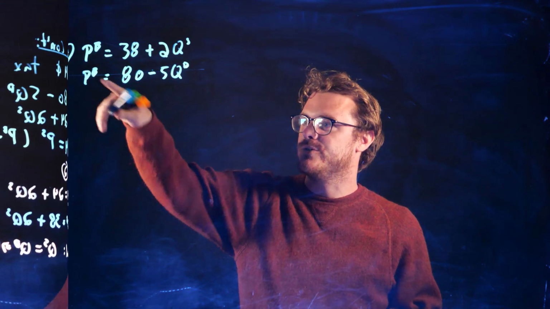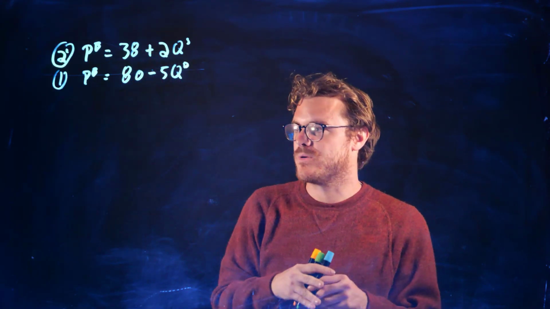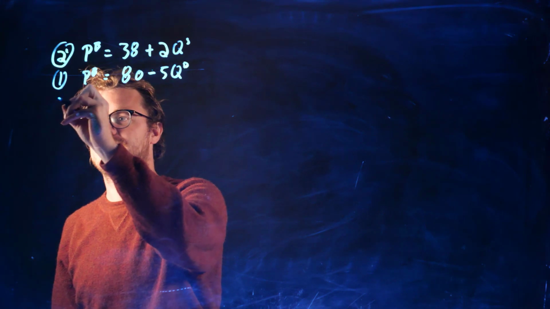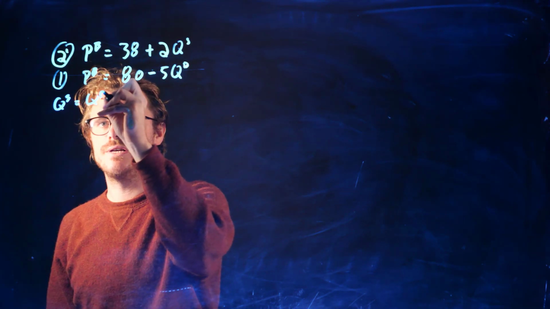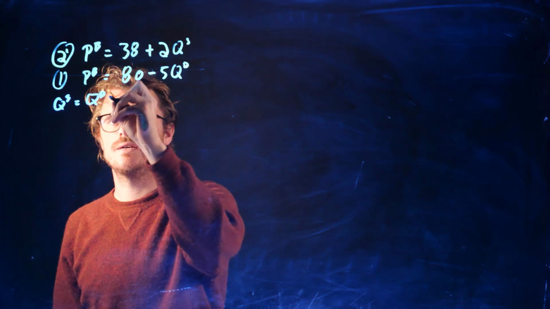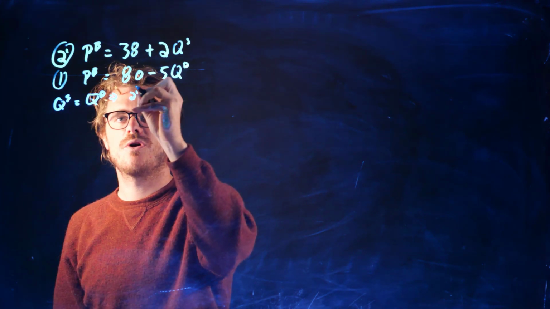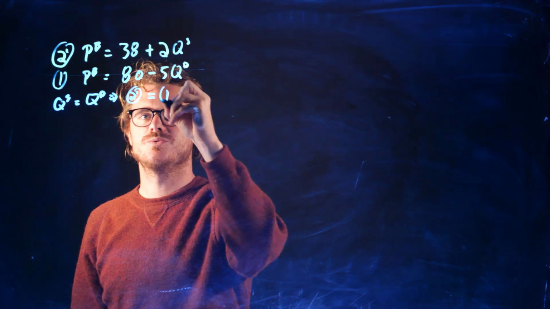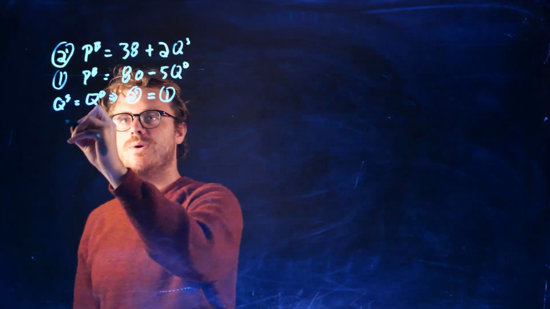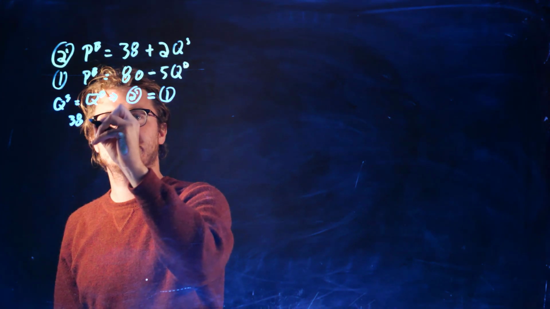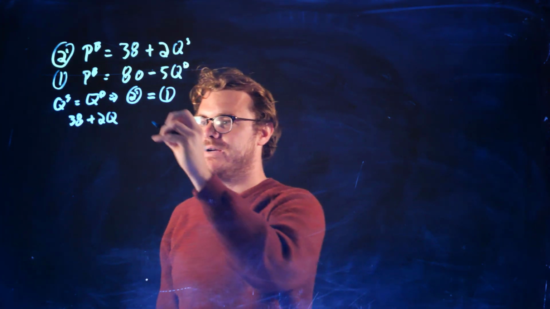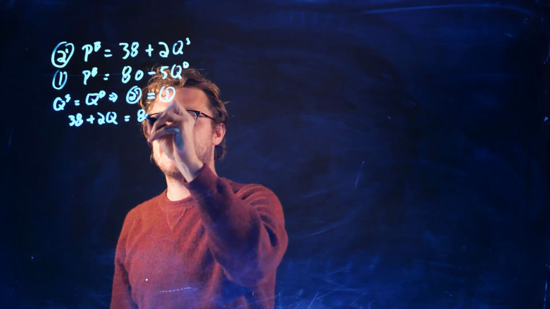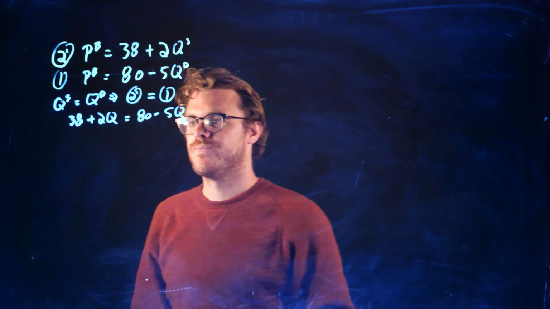All right, so I just rewrote the equations up here so we could remember what they are, and then we invoked equilibrium, right? So we set these two equations equal because that was the equivalent of saying QS equals QD. 2 prime equals 1. And so what we get is 38 plus 2Q, and I'm just going to put Q there because we've invoked equilibrium, equals 80 minus 5Q.